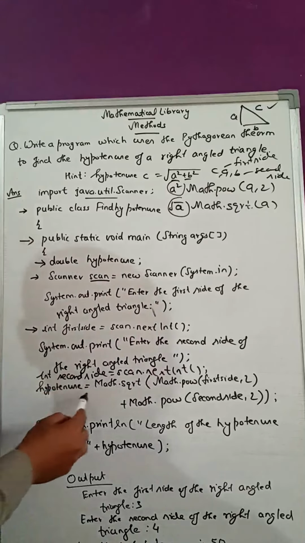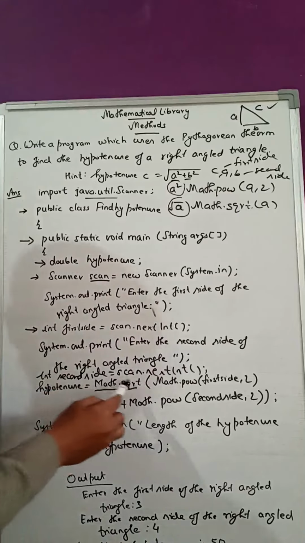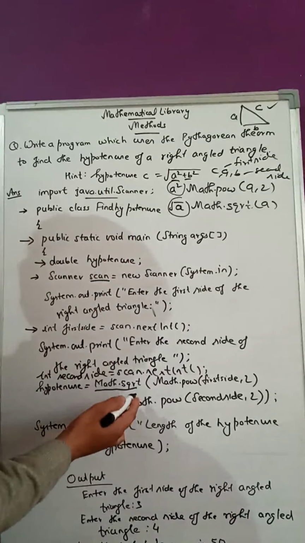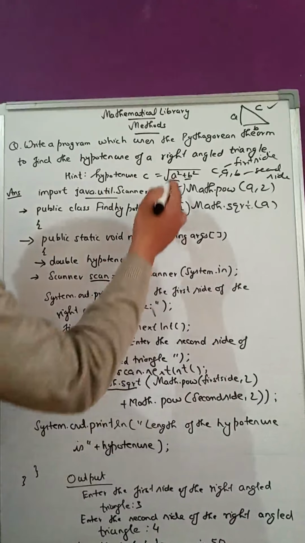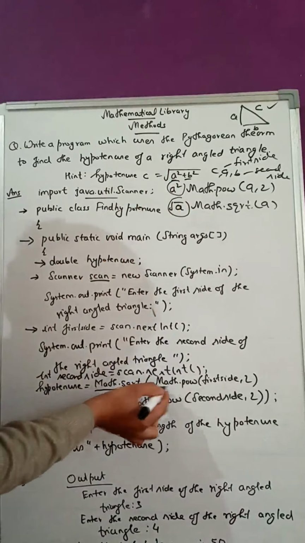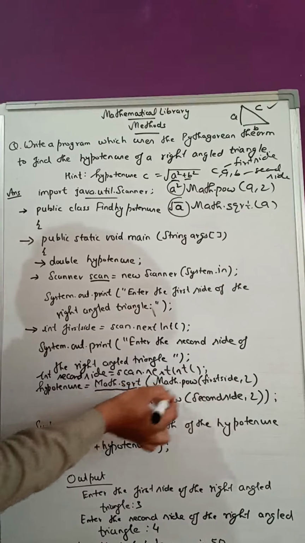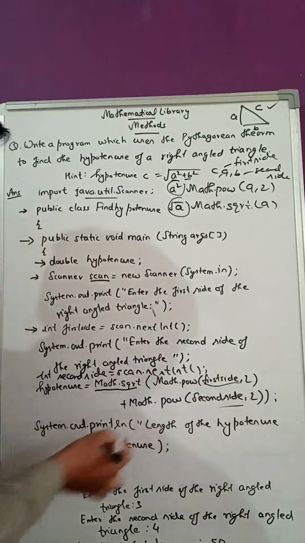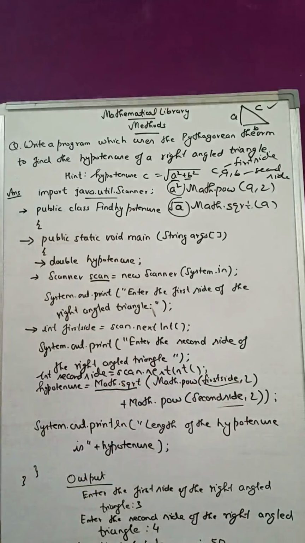So hypotenuse is equal to math.sqrt to find the square root. We have written math.sqrt, and in the brackets we have applied the other function, that is math.pow first side comma 2 plus math.pow second side comma 2. Now once you have calculated the value for hypotenuse, the next thing to do is to print the value.